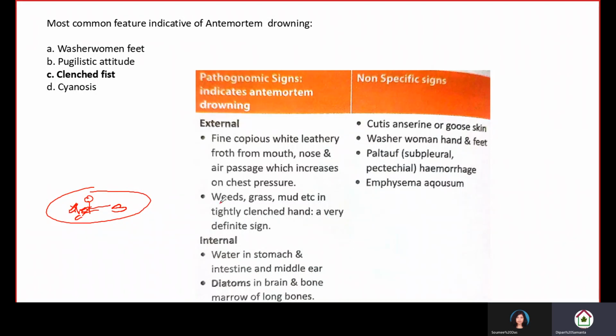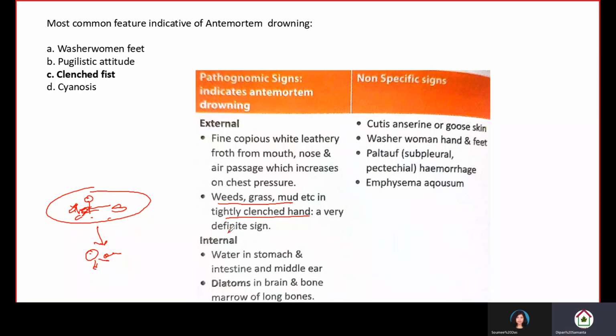Weeds and grass, and when drowned, he will try to catch this and that, because the water will make him unstable and will move continuously. That's why he cannot be in the same position, and that's why he tries to become stable. He tries to make his position stable by tightly clenching the hand, tightly holding something.